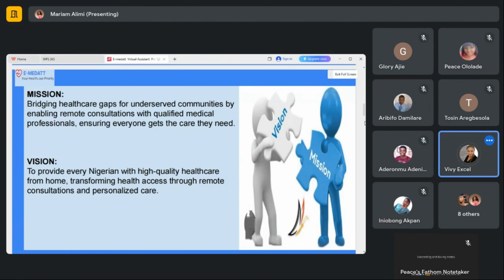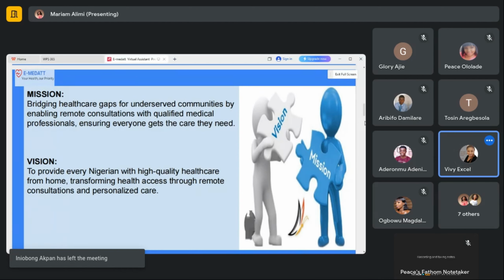Okay, under the overview, we have the mission and the vision statements. The mission statement is to bridge the gap of healthcare for underserved communities. And who are these underserved communities? These are people that don't have the necessary essentials, like healthcare, in their community, or it is not within their reach.